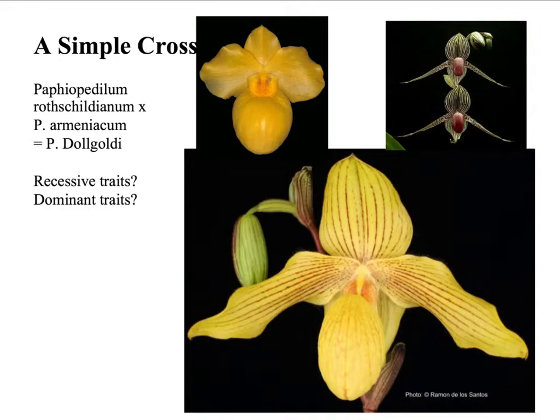My first cross here is a cross between Paphiopedilum armeniacum, which is the beautiful yellow one at the top, with Paphiopedilum rothschildianum on the right at the top. When I'll be looking at my crosses, I'll generally be using species types.